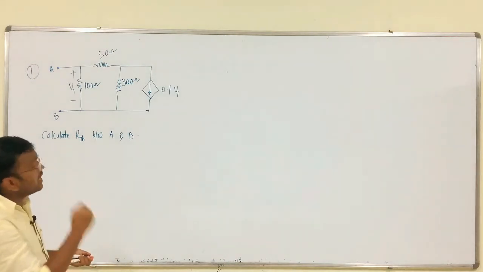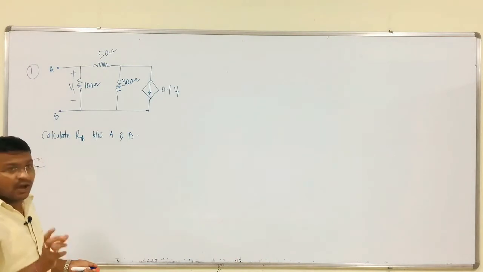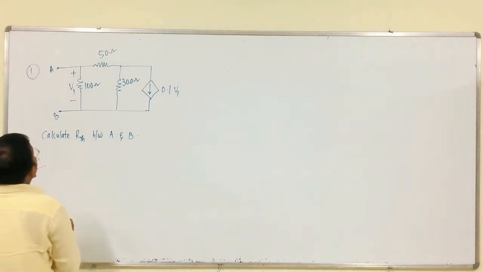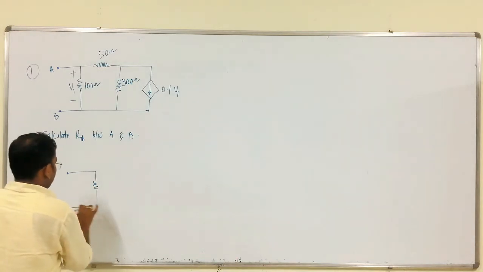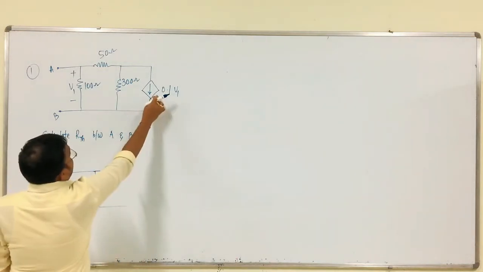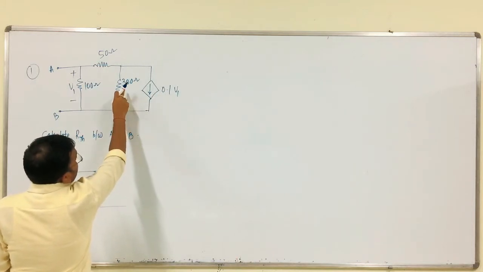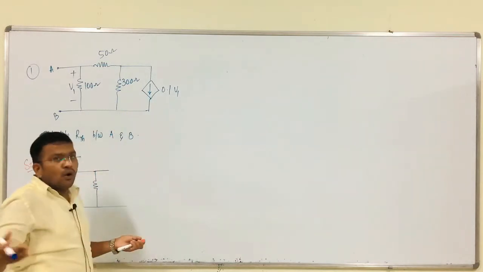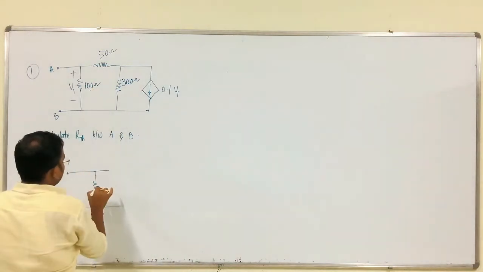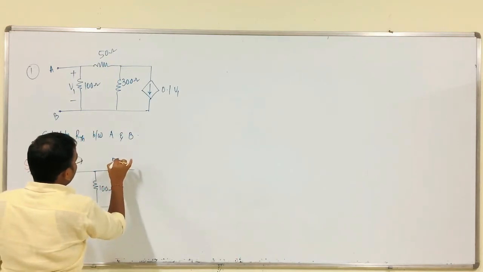So, this is the network which is having only dependent sources. For this network we have to calculate RTH. So, here voltage controlled current source which is connected in parallel with a resistance. So, by using source transformation we can transform this into voltage. So, up to this is 100, we have 50.